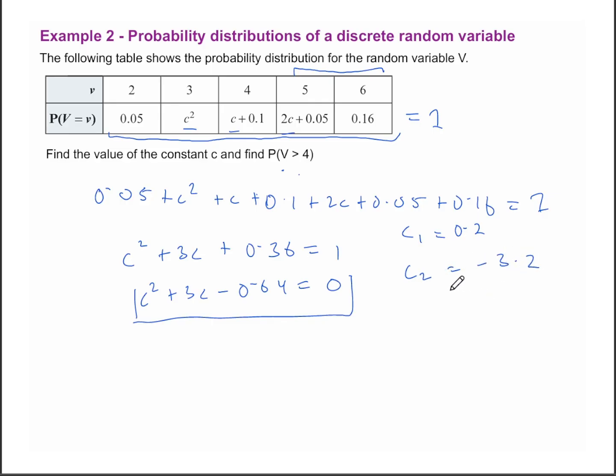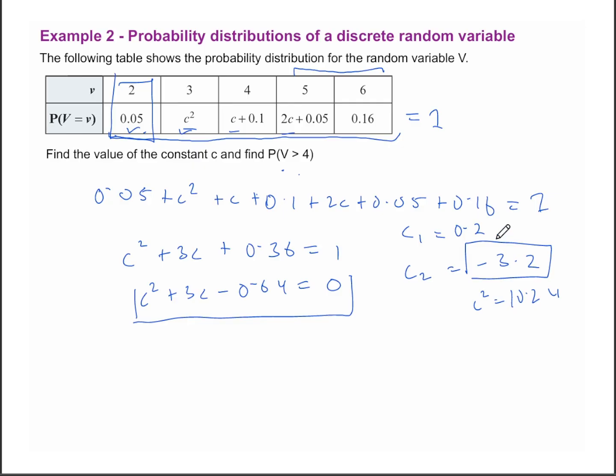But we also have another condition for probability distributions, that each specific probability is between 0 and 1. If we square negative 3.2, I will go beyond 0 and 1 because I'll get 10.24, which is beyond 0 to 1.